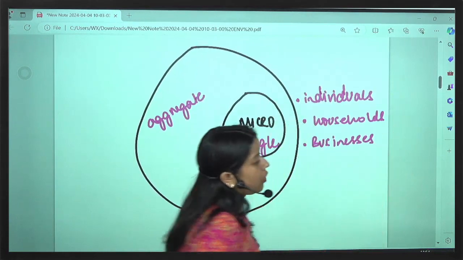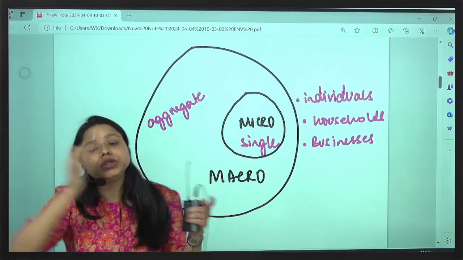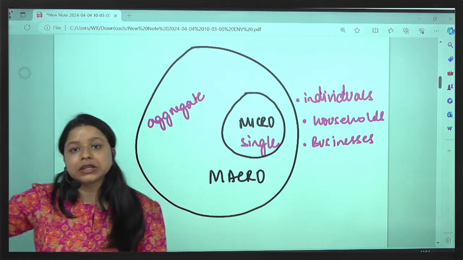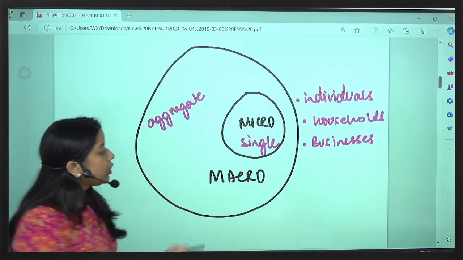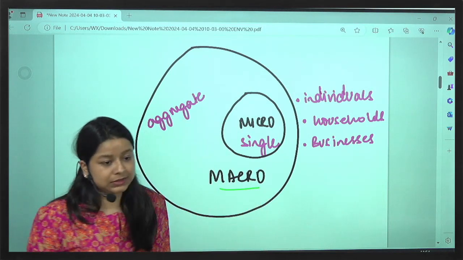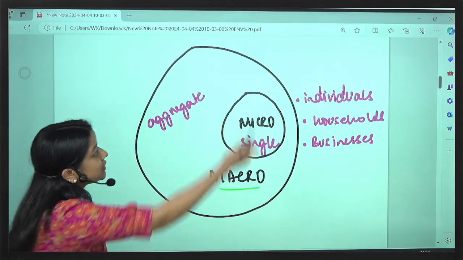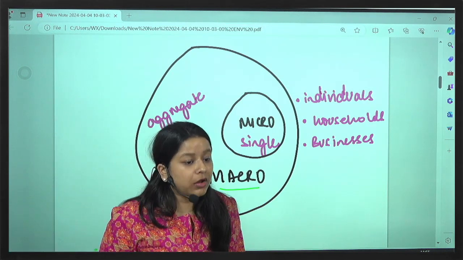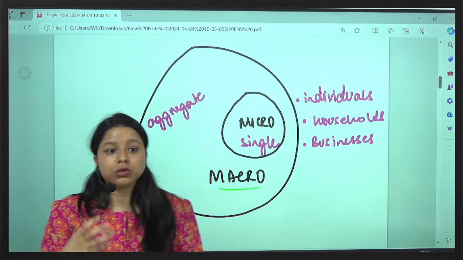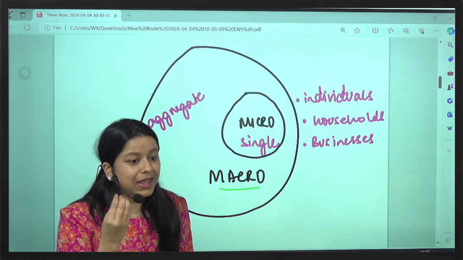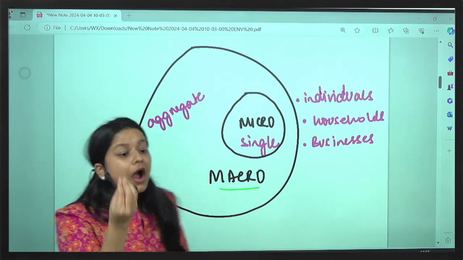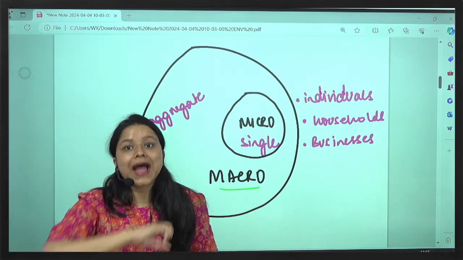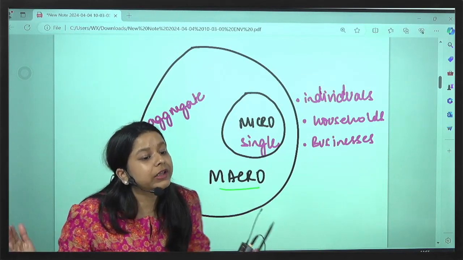When we talk about economics, we talk about 2 different domains. One is your microeconomics and one is your macroeconomics. Now, when we say macroeconomics, the macroeconomics is the outer layer. So, what we are trying to focus on here is how the behavior of individuals affects the aggregate demand and aggregate supply as a whole of the economy.